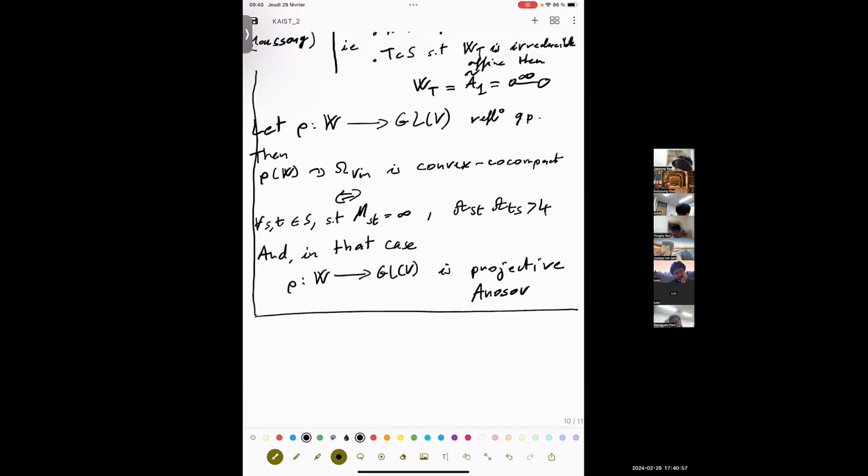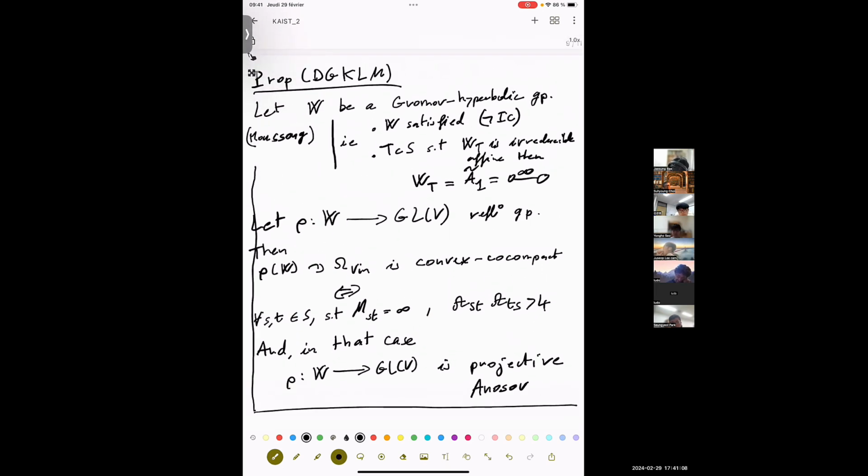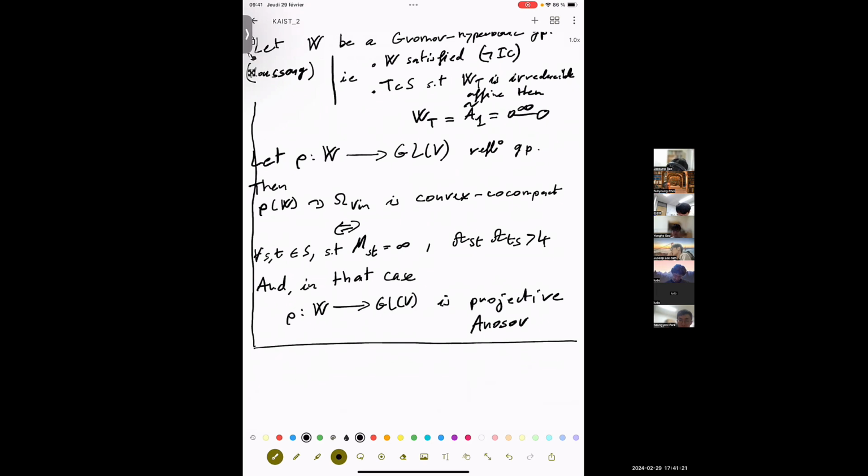So we have a nice characterization of representations that are convex cocompact, that are Anosov, for Gromov hyperbolic groups.